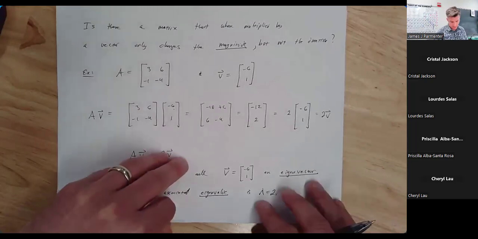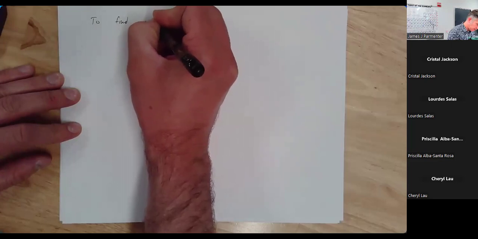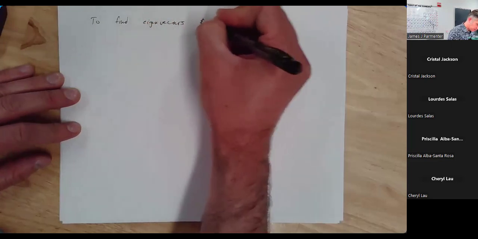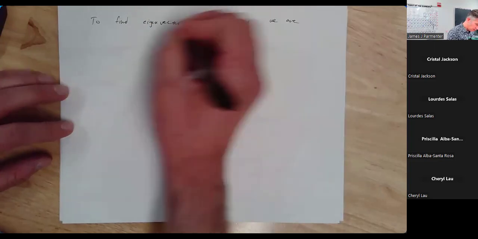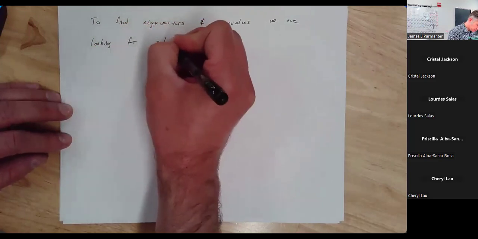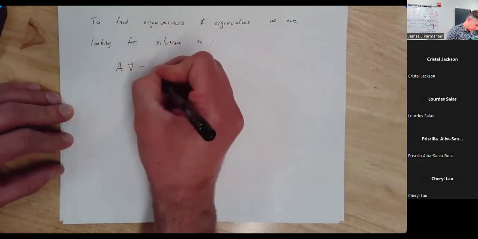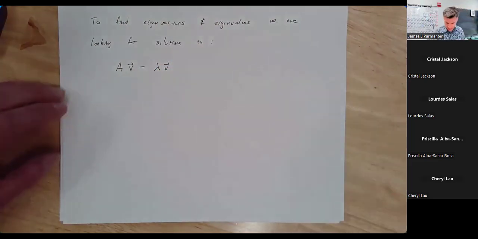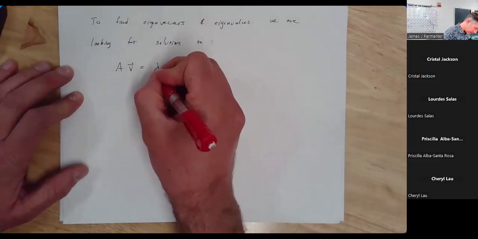Okay, so here's what we're doing. To find eigenvectors and eigenvalues, we are looking for solutions to the following equation: A times the vector V equals lambda times the same vector V. And just to be super extra clear here, lambda is the eigenvalue.